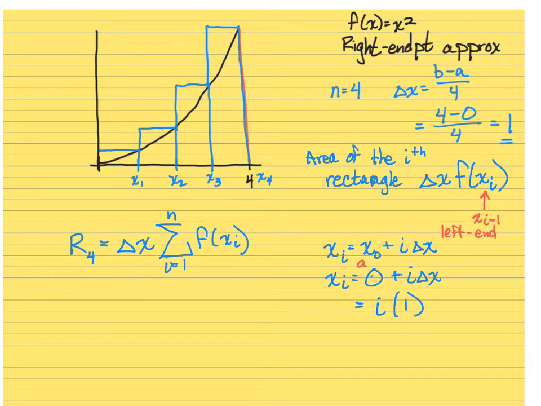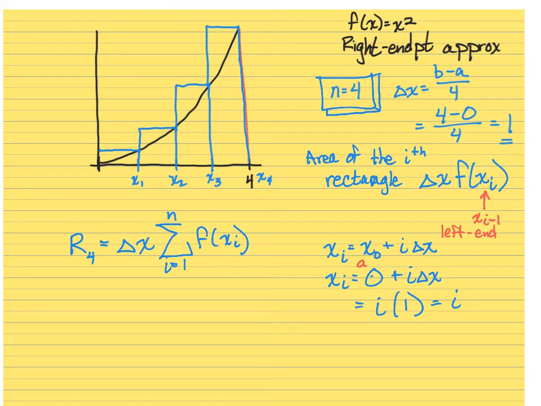Delta x is 1. So x sub i is simply going to be i in this case. Okay, this is just for n equals 4, by the way. All of this is for n equals 4. If we change n, then of course delta x changes as well. But in reality, it's just i.